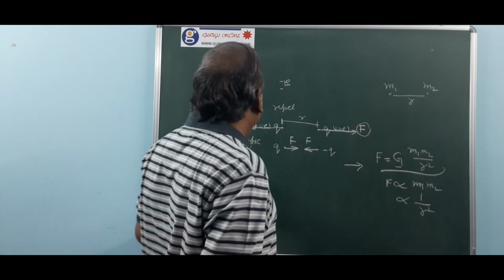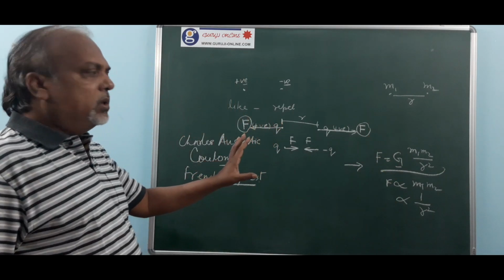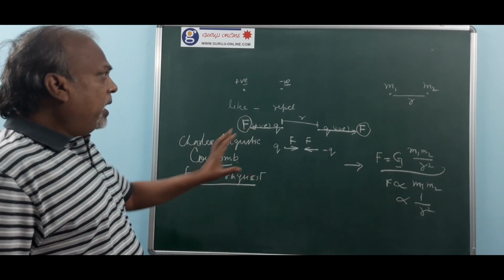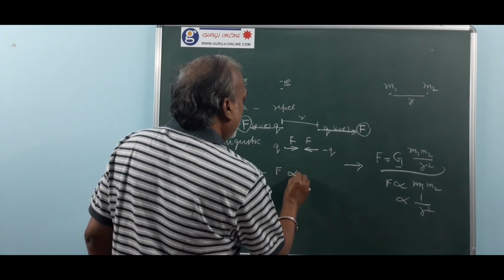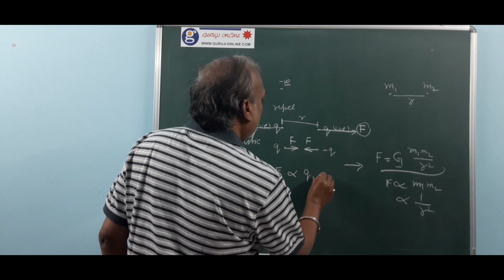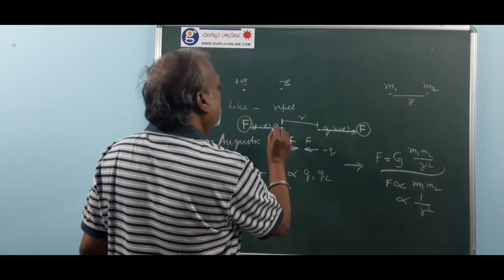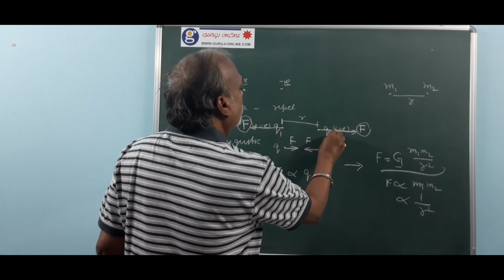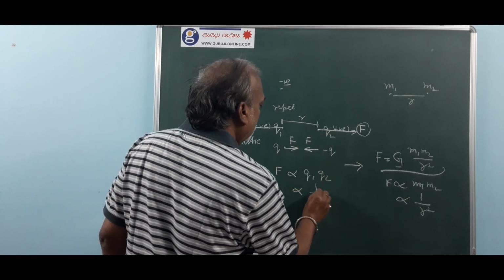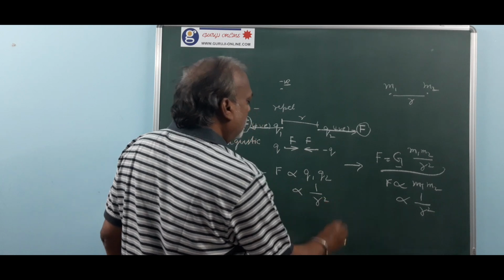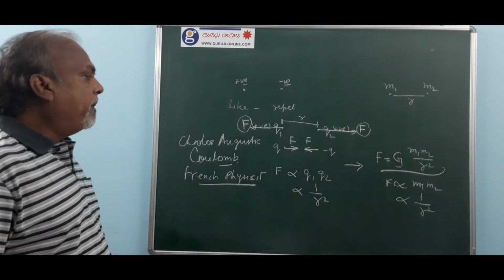Like that, he observed between the charges also, this force is proportional to the product of the charges, Q1 and Q2, and it is also proportional to 1 by r square.